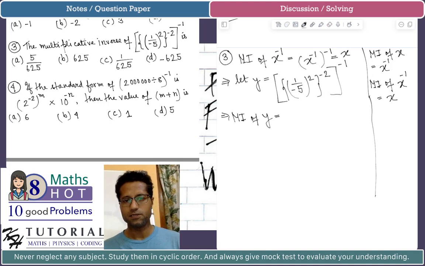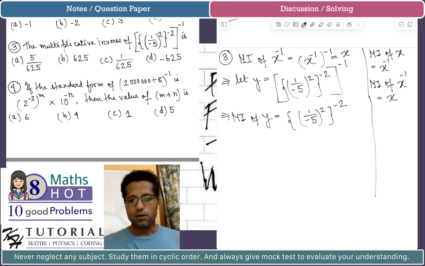Whatever the given number is, it is in exponential form where the power is -1, so its multiplicative inverse will be just the base, which is 1 by -5, this whole raised to the power 2, and this whole raised to the power -2. Now we have to find this.